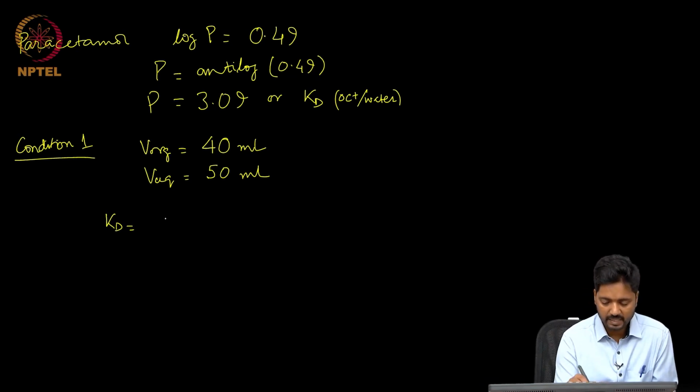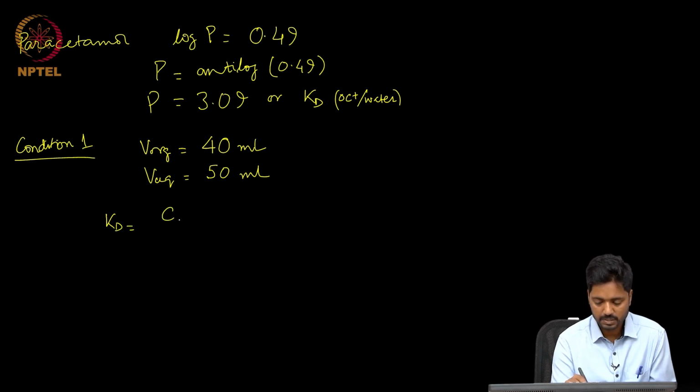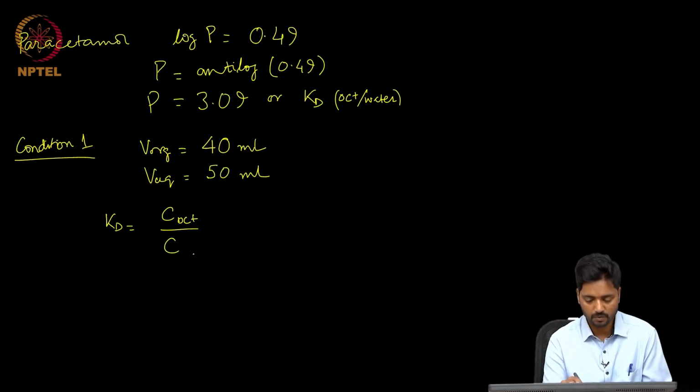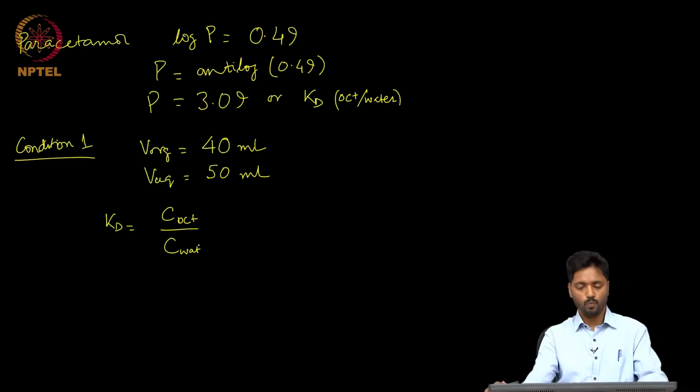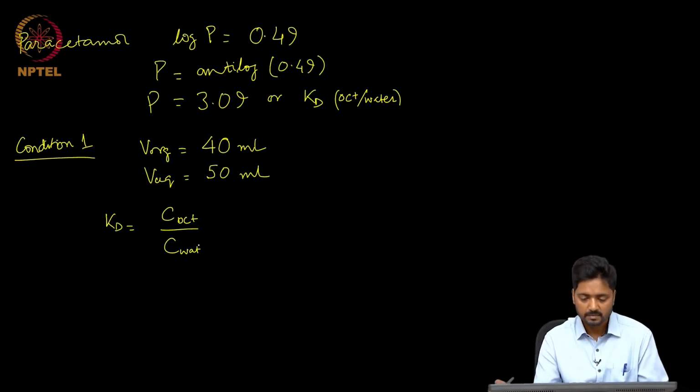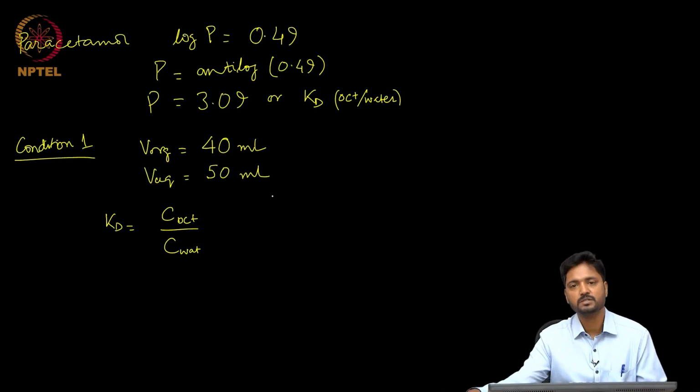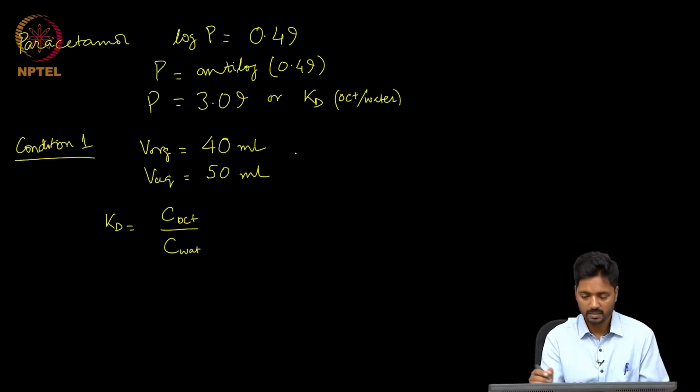Kd is defined as the concentration of PCM in octanol divided by the concentration of the drug in the aqueous medium or water. This will depend upon the mass that gets transferred into the octanol versus the mass that remains in the aqueous layer.